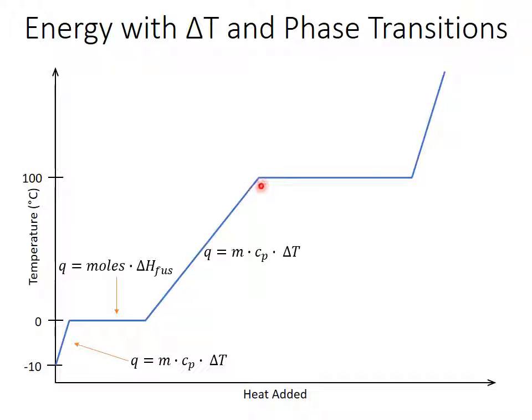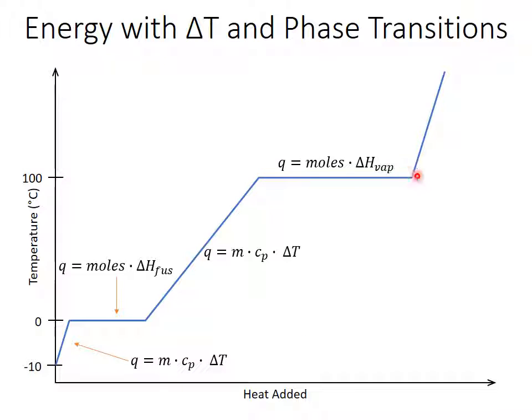Once we've heated that all the way up to 100 degrees, then we've hit another phase transition. This means we need to use Q equals moles times, in this case, the heat of vaporization, because we're going between liquid and gas. This is going to consume a lot more heat than the melting process.